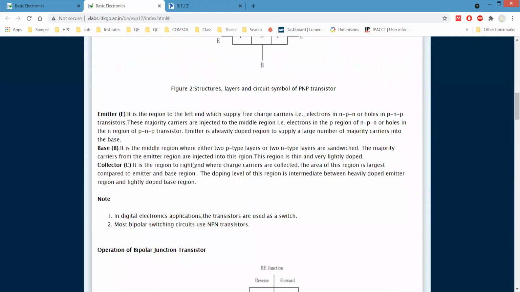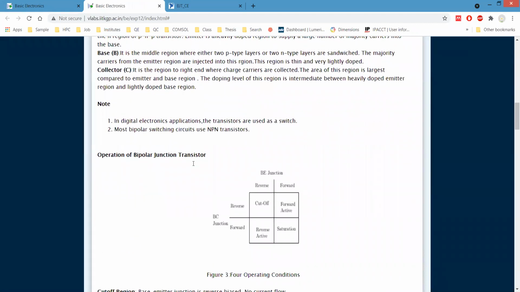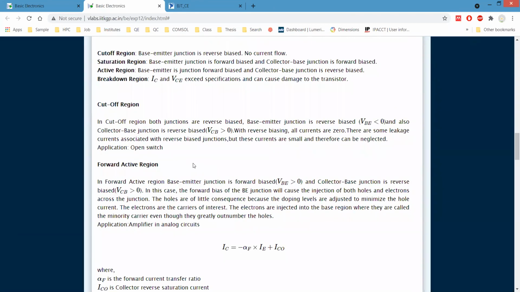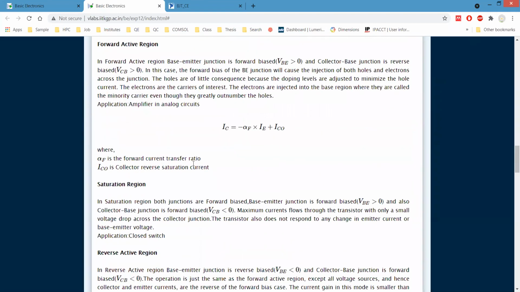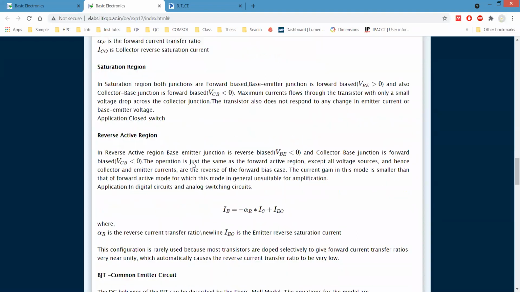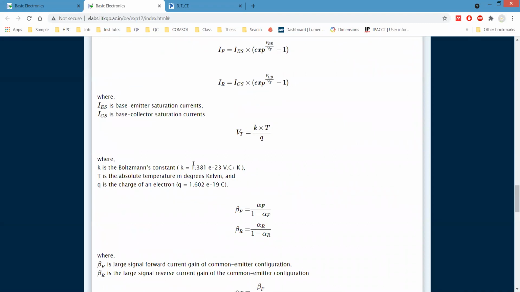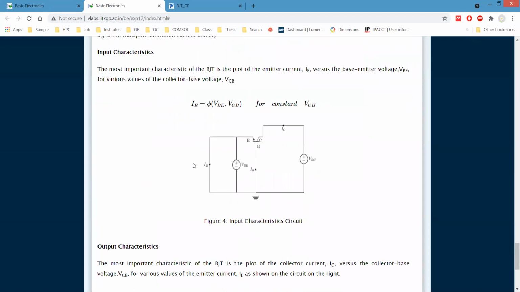As it has three electrodes, emitter, base, and collector, we can make any of them common, so depending on that we have different connections. In the previous case, the emitter was common for both input and output, and today we will see that the base will be common for both input and output. For this, we have to consider the following circuit diagram.